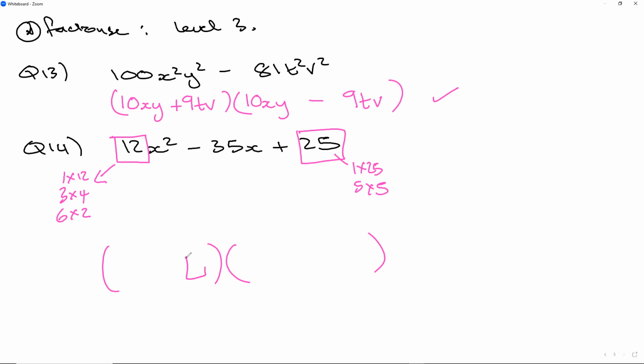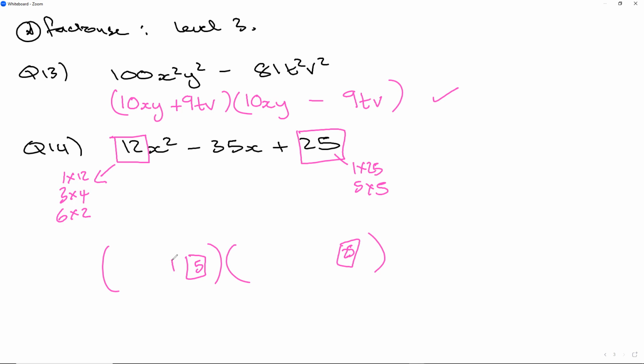And then the last two terms over here should get me 25, like 5 times 5. And they have to be minus and minus to get a plus, especially if the middle term is a negative. They both have to be minus and minus, because when you add a minus to a minus, you get a bigger minus as the middle term, and when you multiply minus and minus, you get a positive.